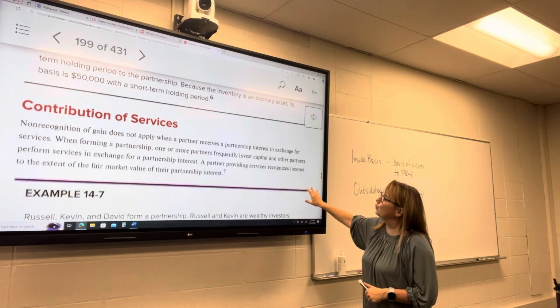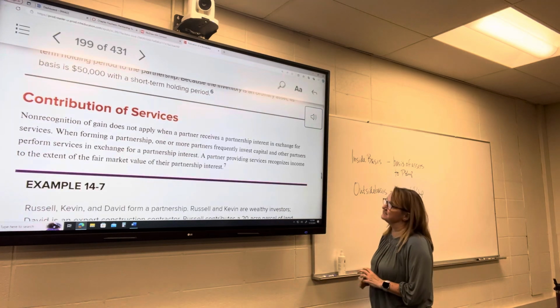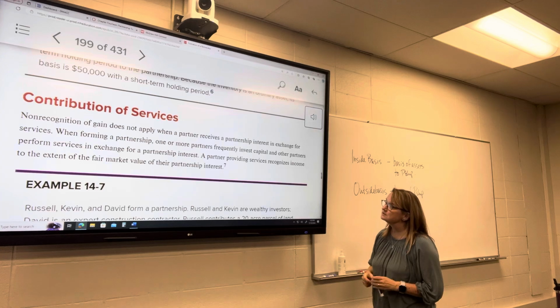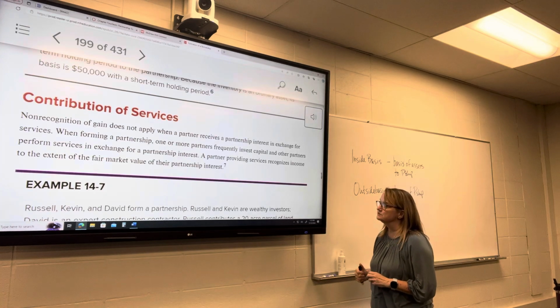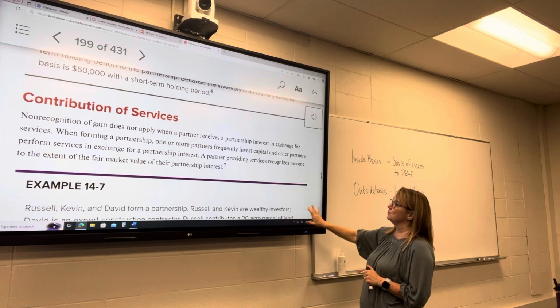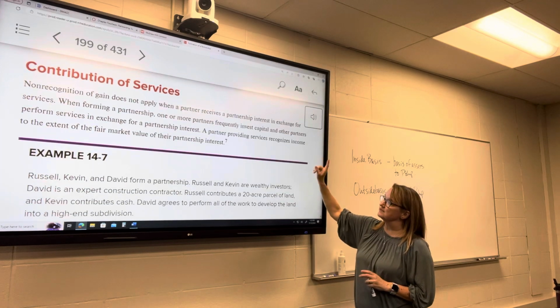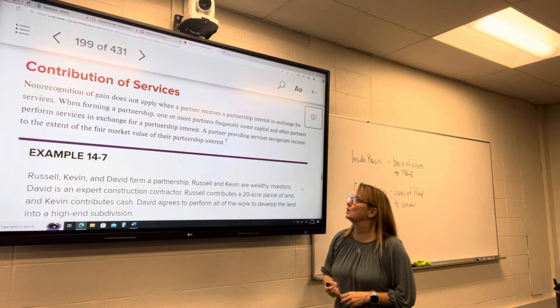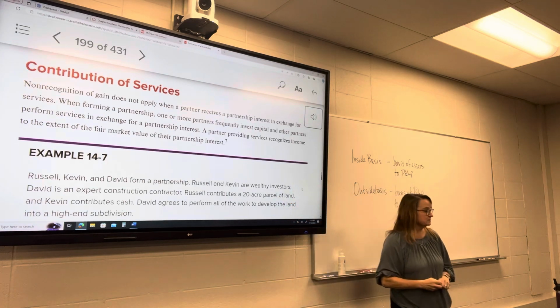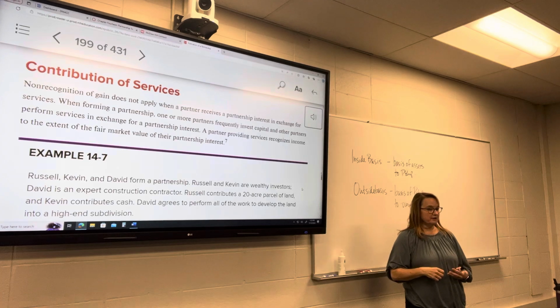So when a partner receives a partnership interest in exchange for services, then that partner is probably going to have to pay taxes. So when they provide services, they recognize income to the extent of the fair market value of their partnership interest. So whatever the fair market value is of their interest in the partnership, that's the amount of income they're going to have to recognize.